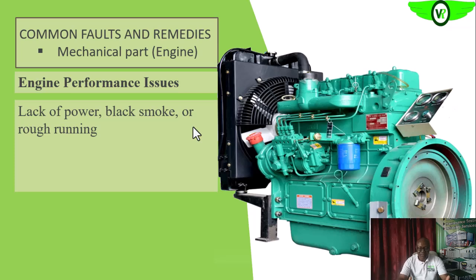If you have excessive black smoke, that is an indication of something not good actually happening, or even white smoke. Then the running is erratic. It goes up, comes down, goes up, comes down. You understand? All of those are issues with performance.